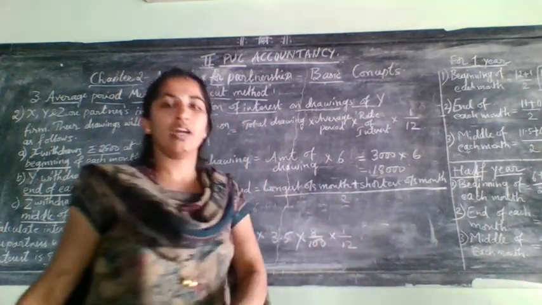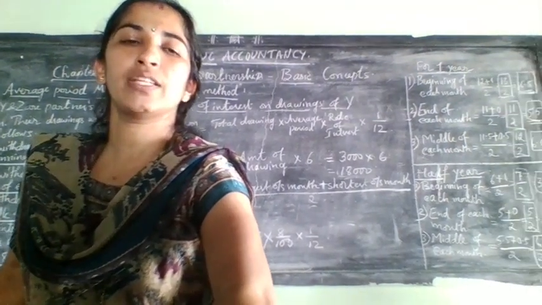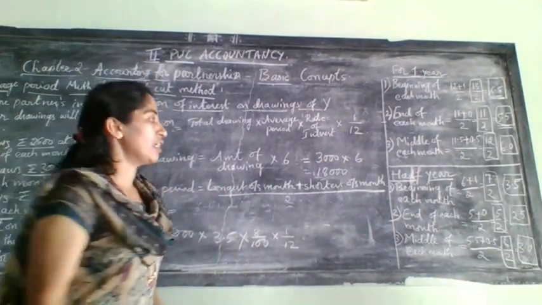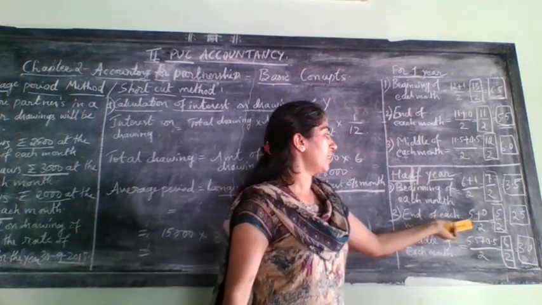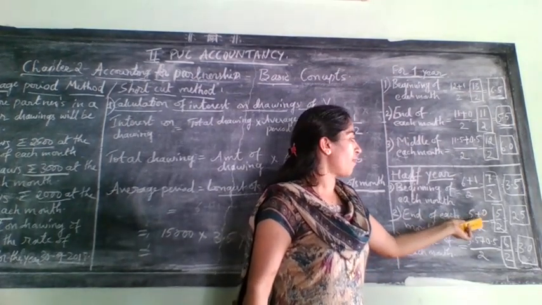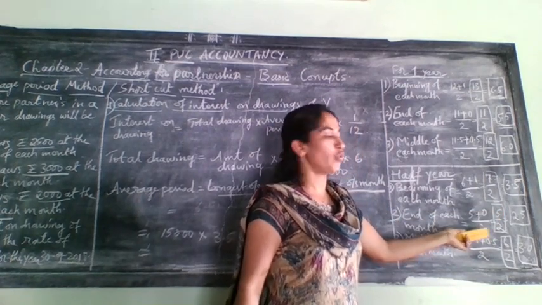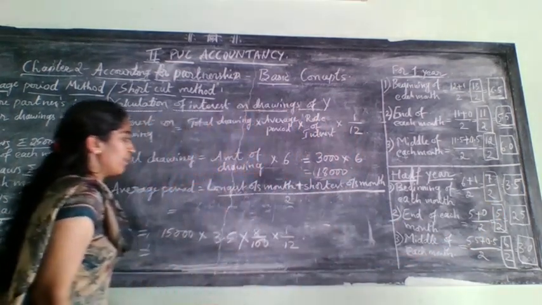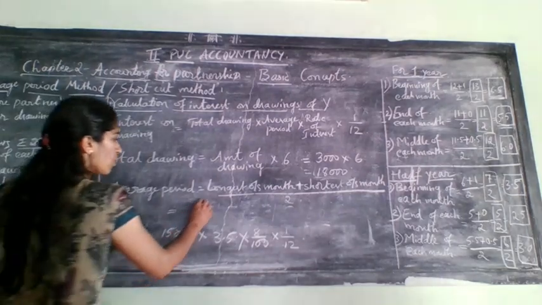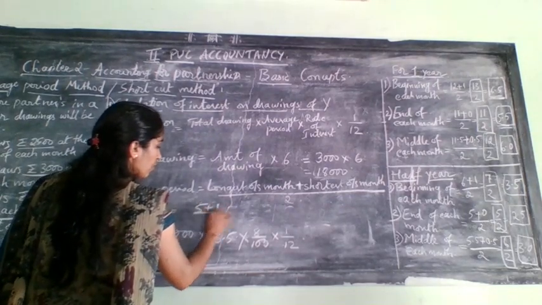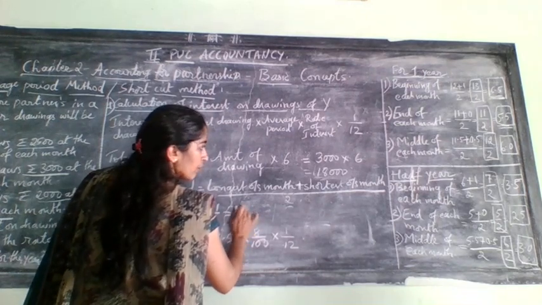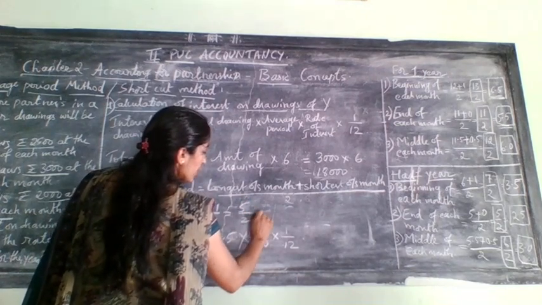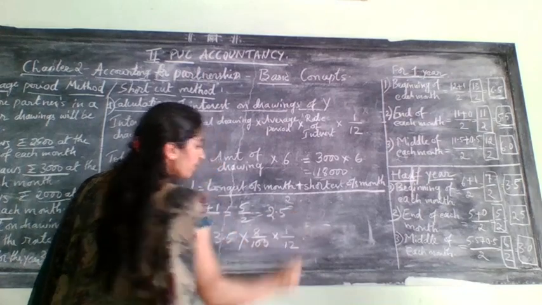You are calculating it for 6 months. The case is end of each month, so 5 plus 0 by 2, which comes to 2.5.